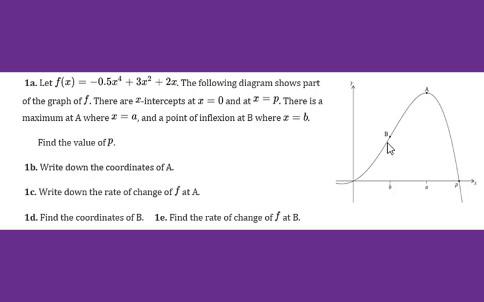We know this b is an inflection point. According to the definition, the second derivative of f(x) equals 0. So we will set up on the graphing calculator the second derivative of f(x) equal to 0 to figure out the x-intercept. That will be the x-coordinate of b.